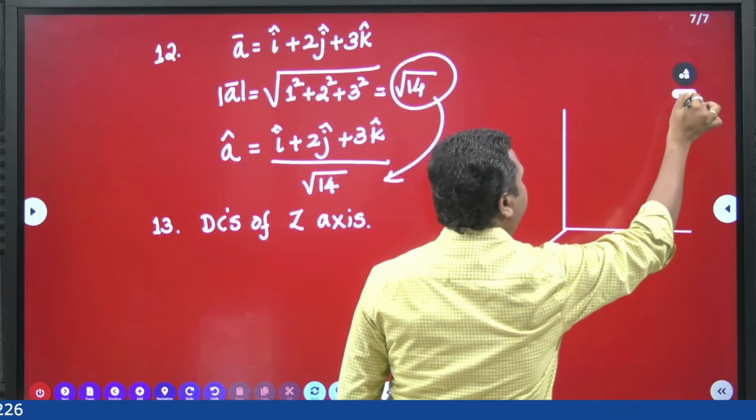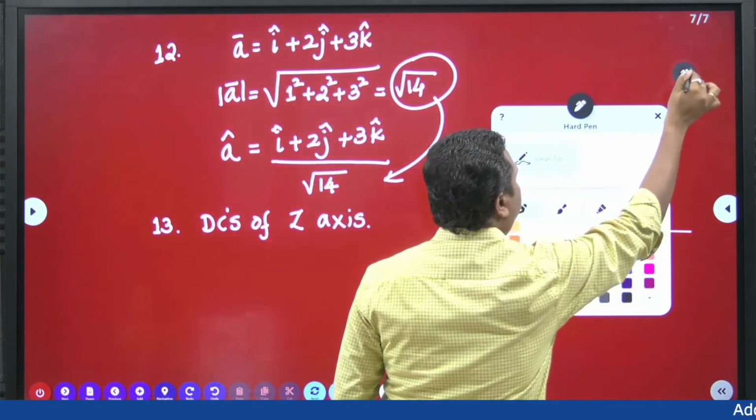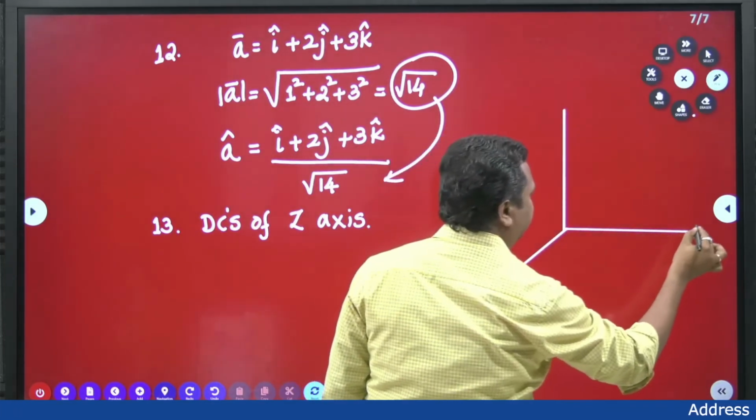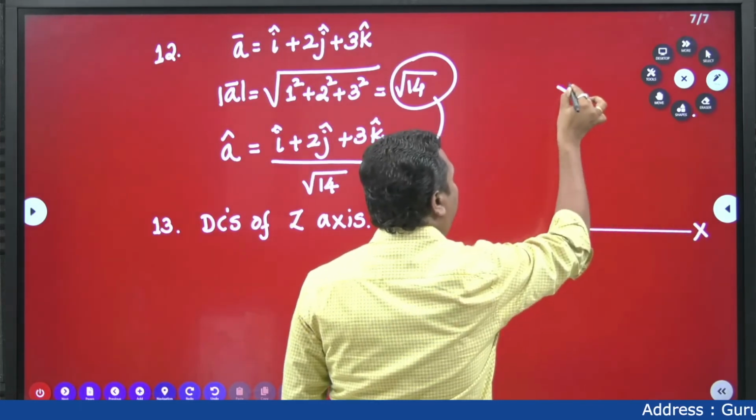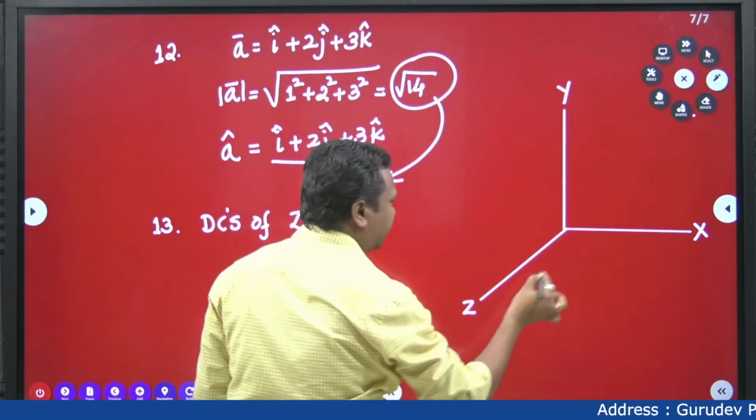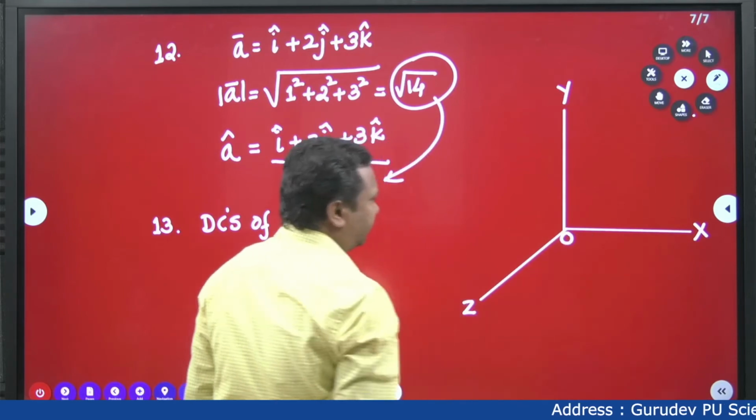So let me call it x axis, y axis, z axis, and where they meet is the origin.